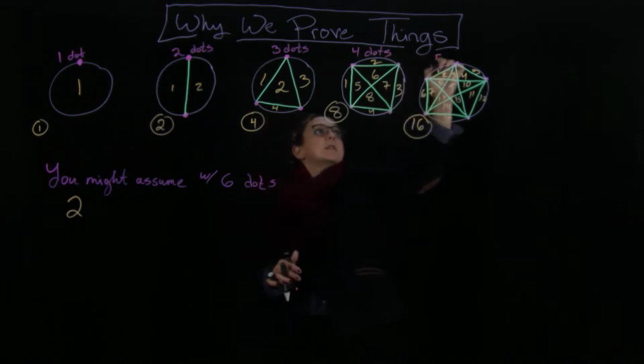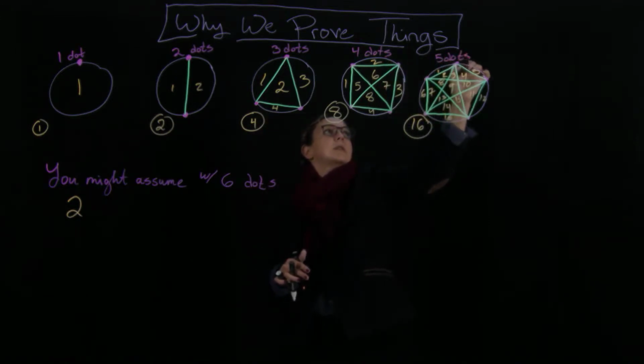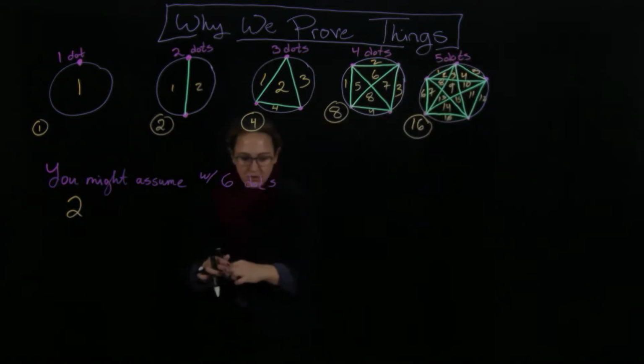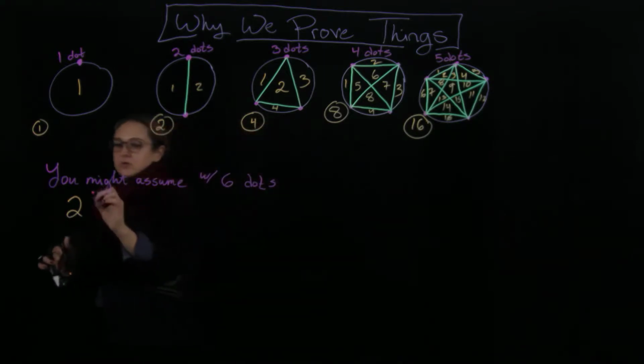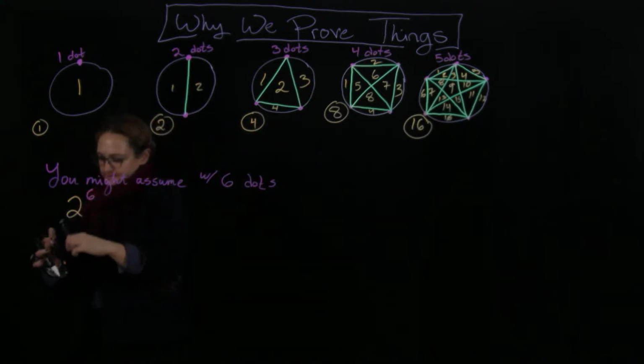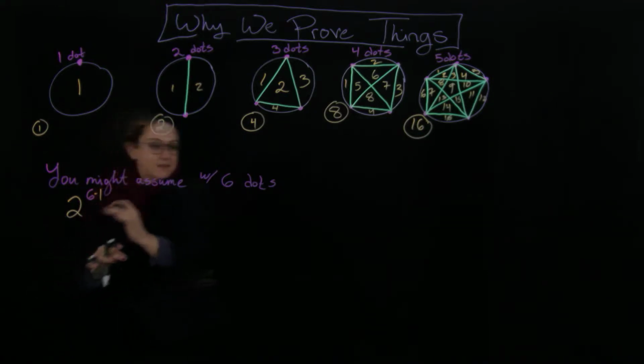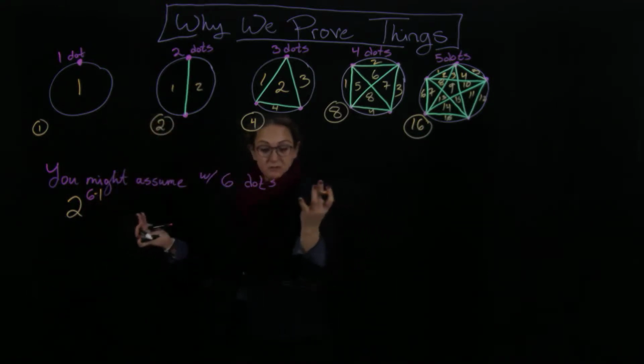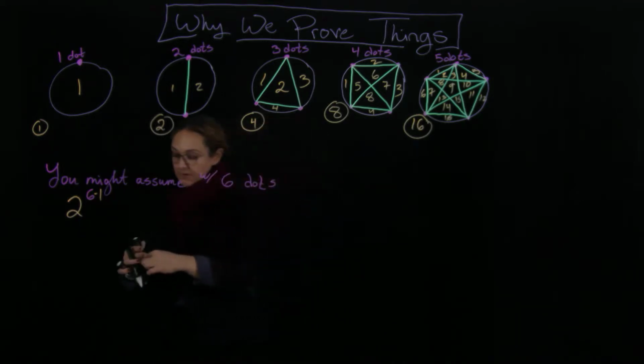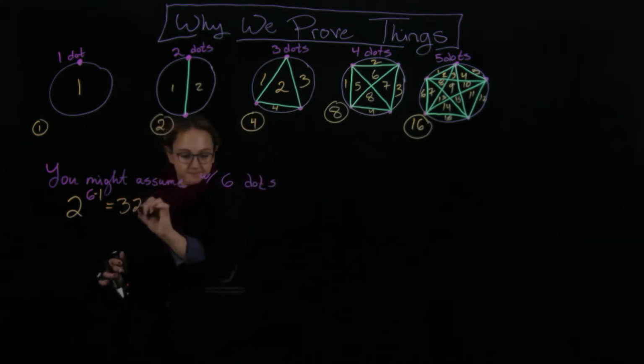So you think that you're taking 1 off of the number of dots as the power of 2. So we're thinking we're doing 2 to the 6 minus 1. Okay? Like by this point, you really believe that this is what's going to go on, right? Equals 32 regions.